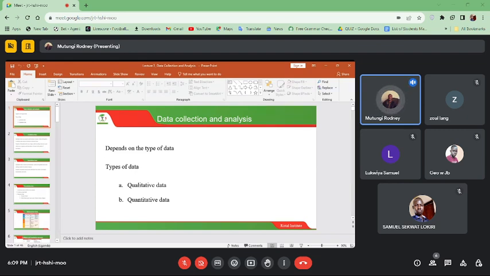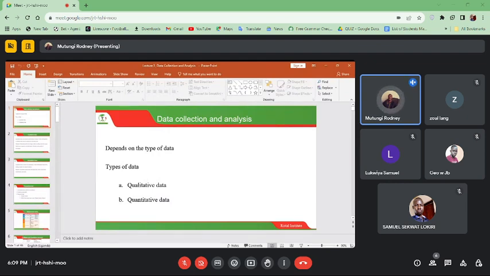Okay, so if you want to implement a nutrition program, and maybe you're focusing on reducing stunting, you want to know where stunting is. Okay, is it in 80% of the children? So that could be your baseline. So this is why you need the data collection here.